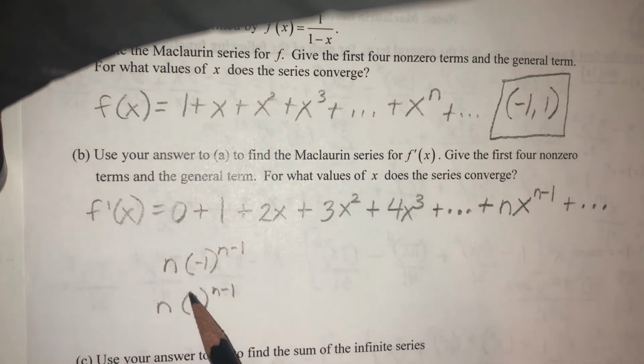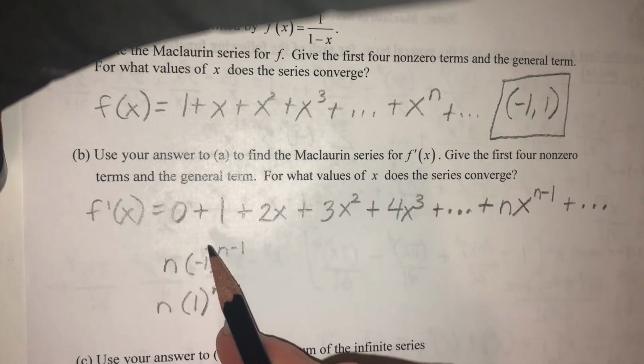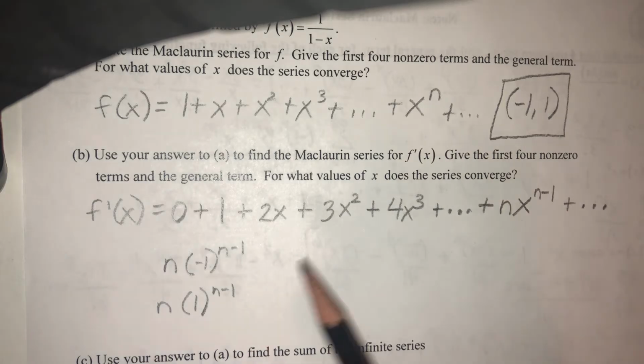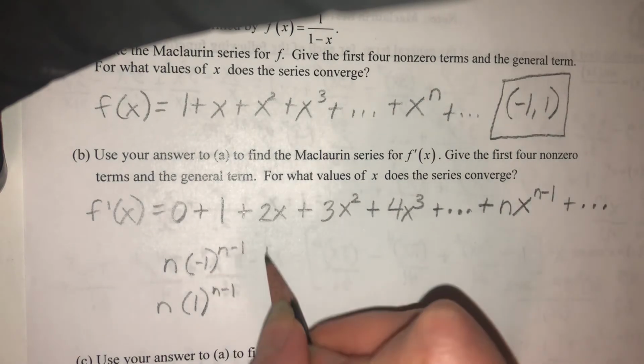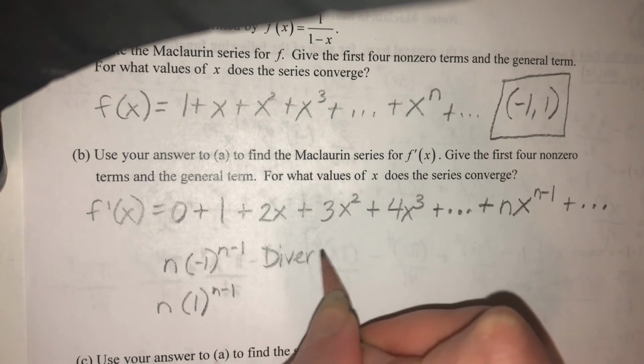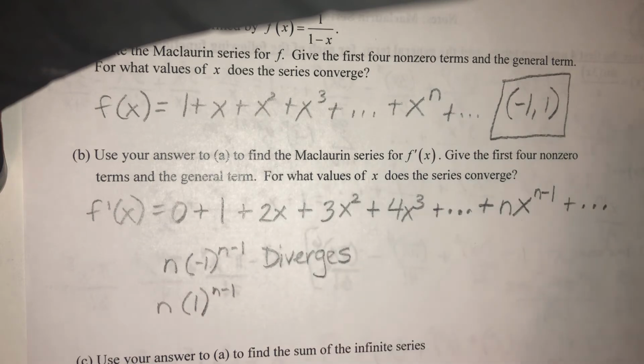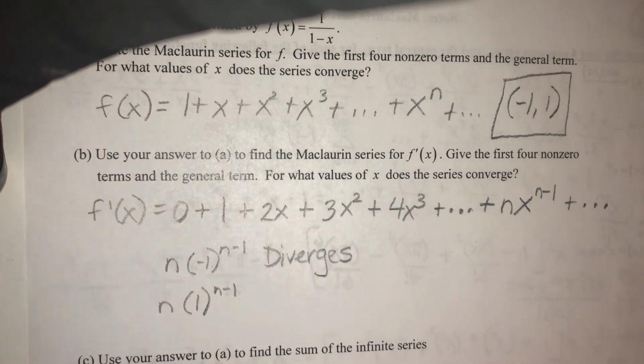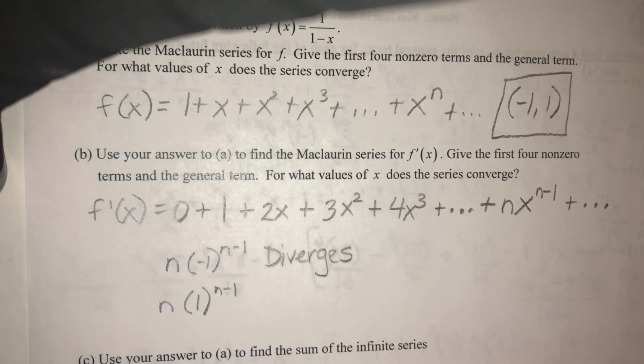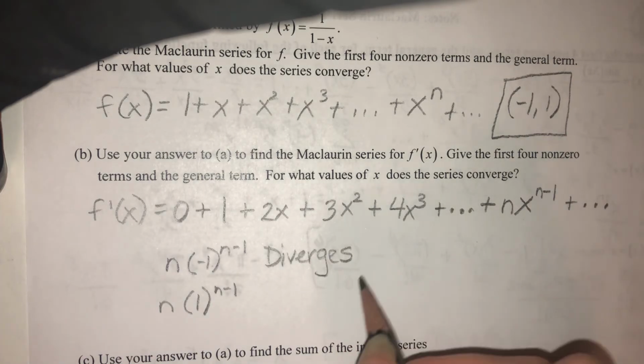And then we'd have negative 2, and then positive 3, and negative 4. And no, this is not converging, this is diverging because the limit is not equal to 0. Remember, the divergence test says that the limit must equal 0 in order for it to possibly converge, and this limit does not exist, so that diverges.